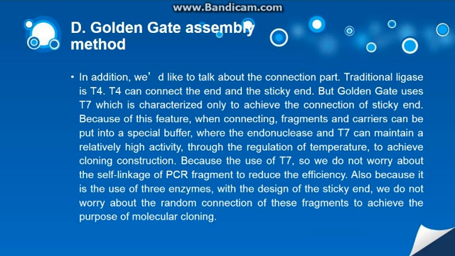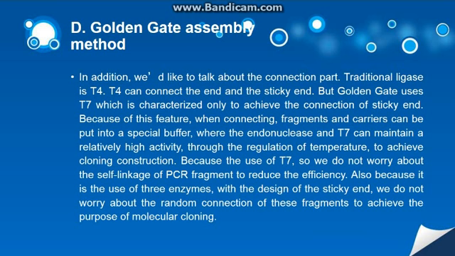Golden Gate assembly method. In addition, we'd like to talk about the connection part. The traditional ligase is T4. T4 can connect the blunt end and the sticky end. But Golden Gate uses T7, which is characterized by connecting only sticky ends.